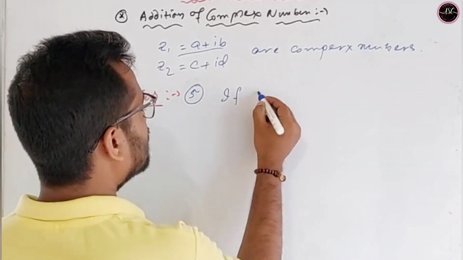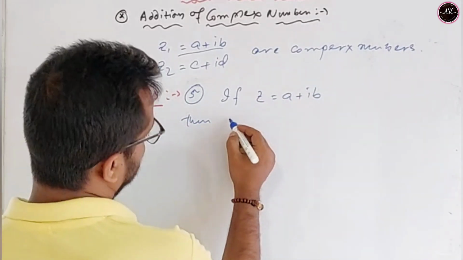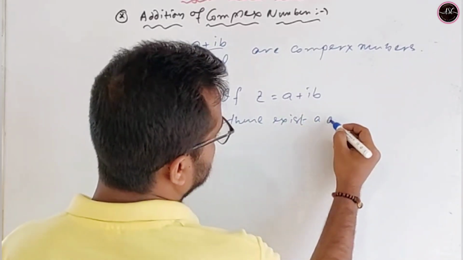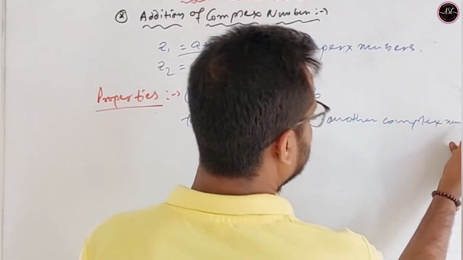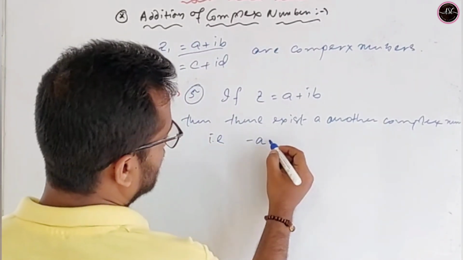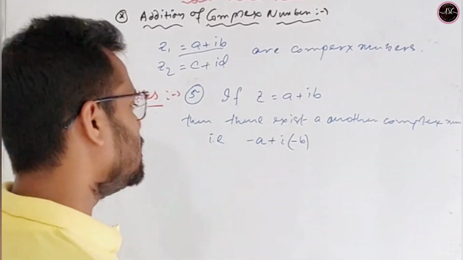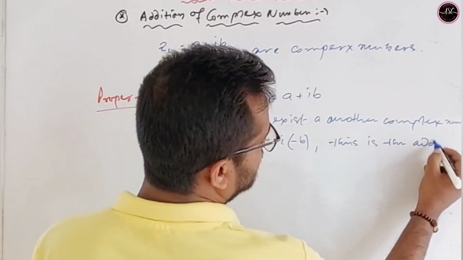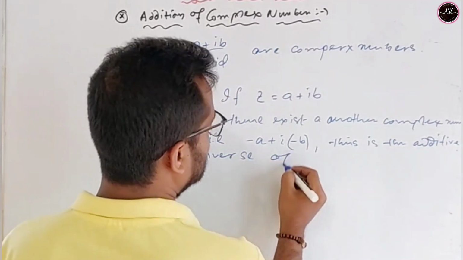If z equals a plus ib, then there exists another complex number, that is minus a plus i of minus b. This is the additive inverse of z.